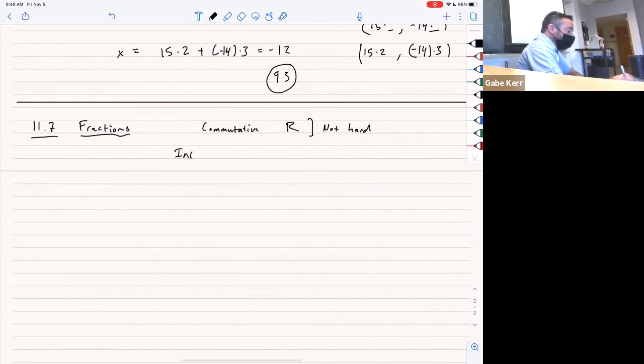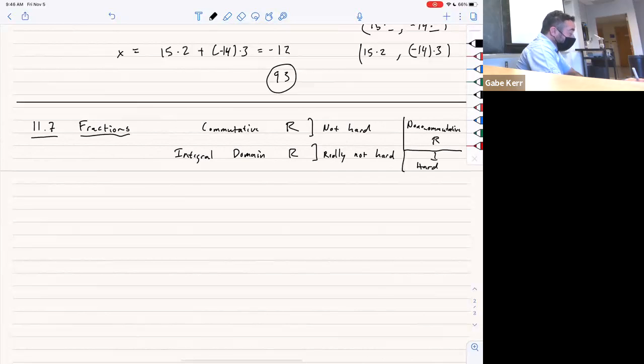Integral domain R, which I'll define in a second, really not hard. Non-commutative R, that's harder. That's hard.